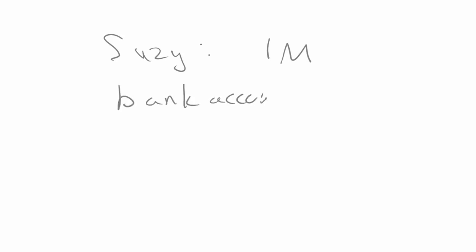So let's just say Susie, she has $1 million. She has access to a bank account with R equals 20%. Now, this 20% may seem crazy high, but the point is that 20% is how she's going to transfer money between now and her old age.